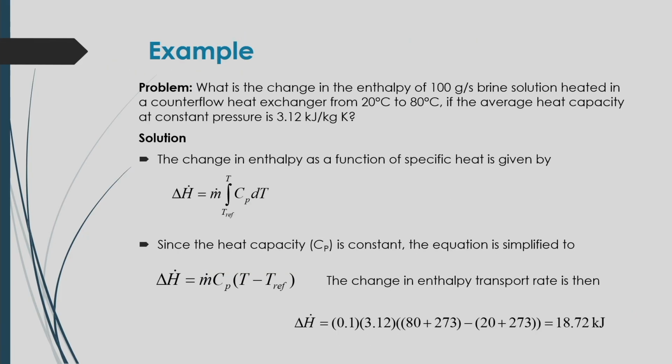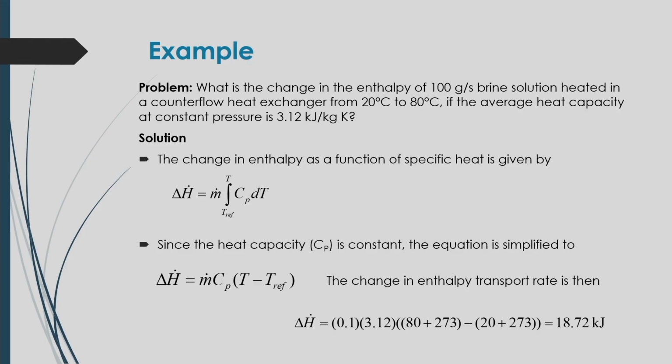Let us do an example for this. You need to calculate the change in enthalpy of a 100 gram per second brine solution heated in a counterflow heat exchanger from 20 degrees Celsius to 80 degrees Celsius, if the average heat capacity at constant pressure is 3.12 kilojoule per kg per degree.